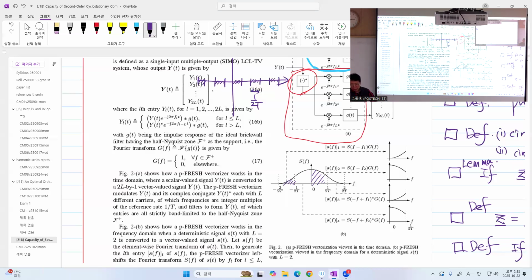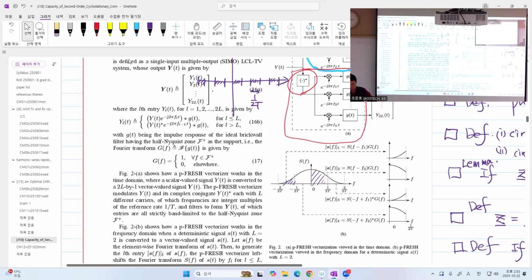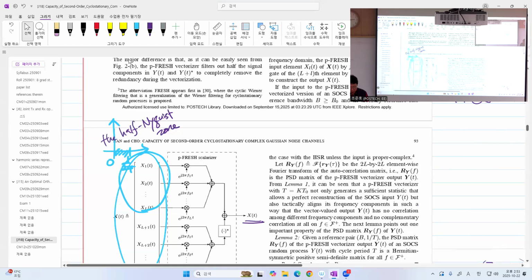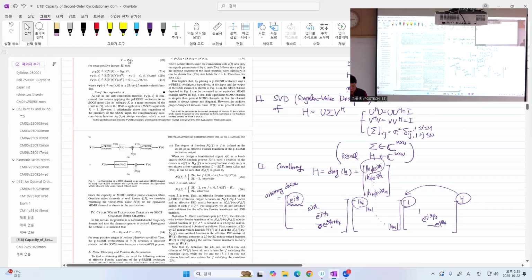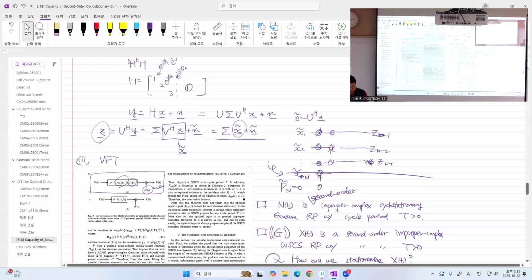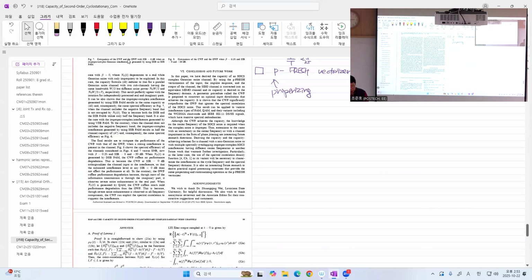Now, the last task is what? To show the propriety of the output.